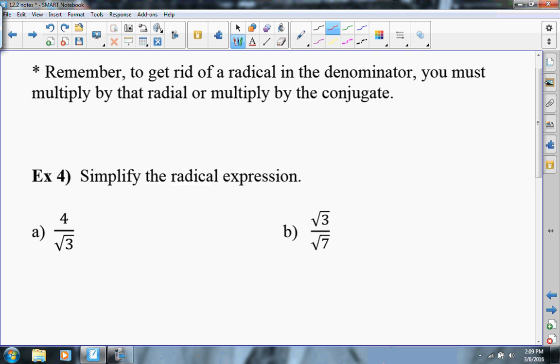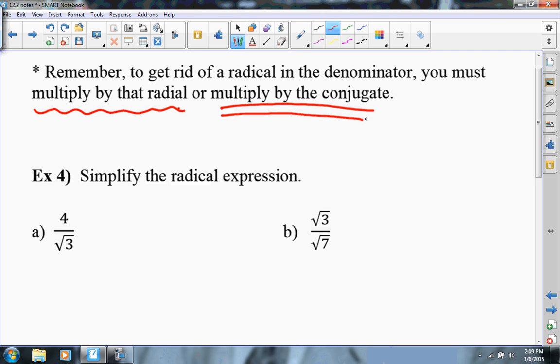When we're dealing with fractions and radicals, remember you cannot have a radical in the denominator. That's not allowed. So in order to do that, you have to either multiply by that radical that's in the denominator, if you just have a radical, or if you have a binomial, you have to do a process that's called multiplying by the conjugate.